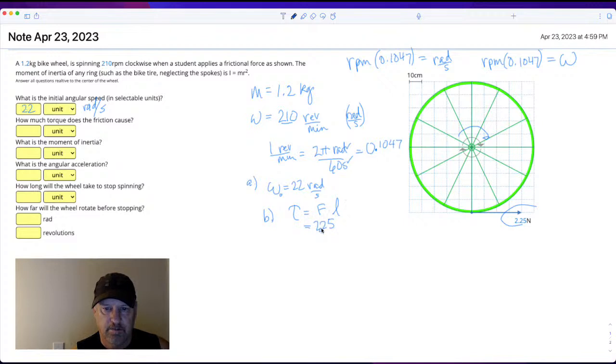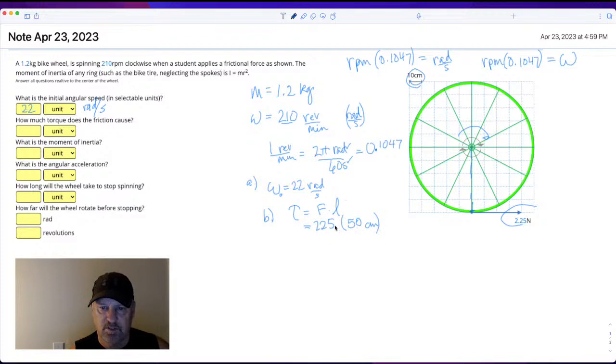And the lever arm distance is the distance between here and the point of rotation. Each of these squares is 10 centimeters, so it's 10, 20, 30, 40, 50 centimeters.